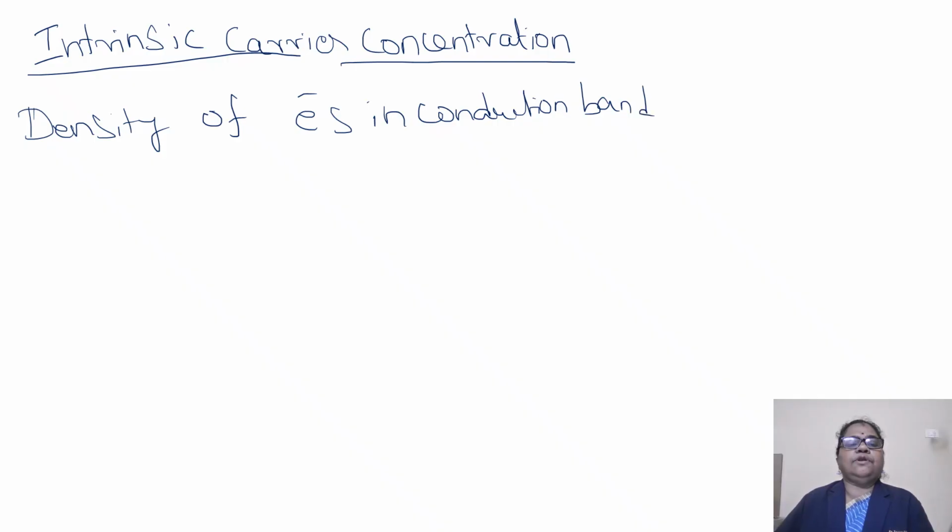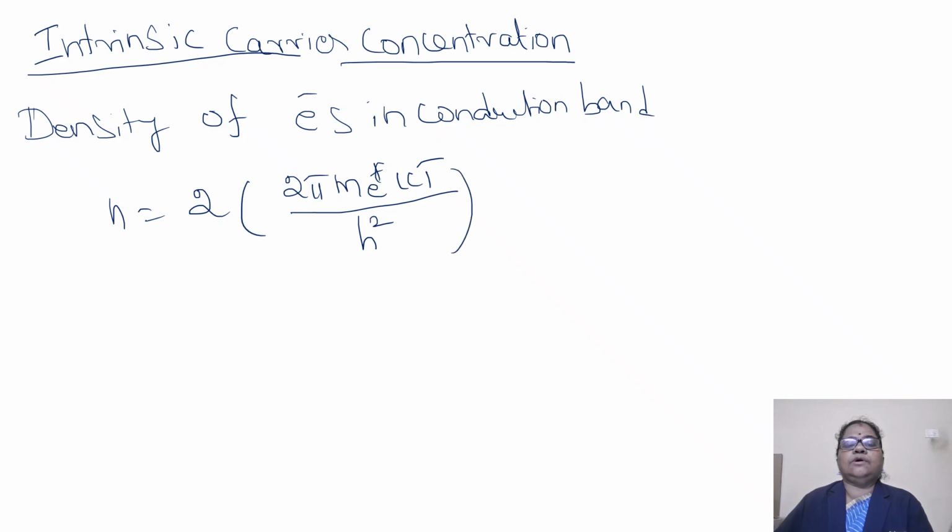As we already derived, N is equal to 2 multiplied by (2 pi me star kT by h square) to the power 3 by 2, which is multiplied by e to the power (Ef minus Ec) by kT.